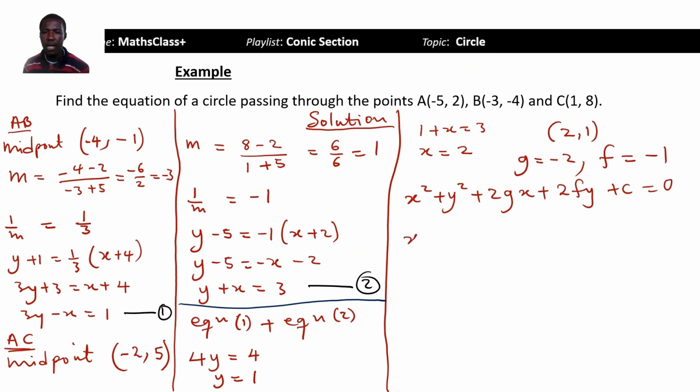So I have x squared plus y squared plus 2.